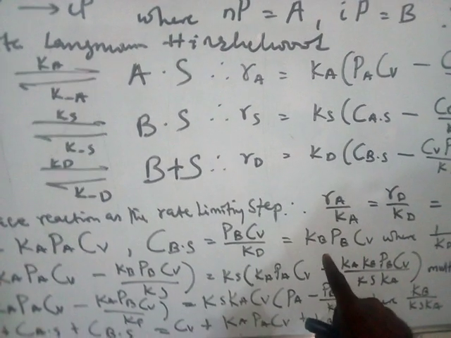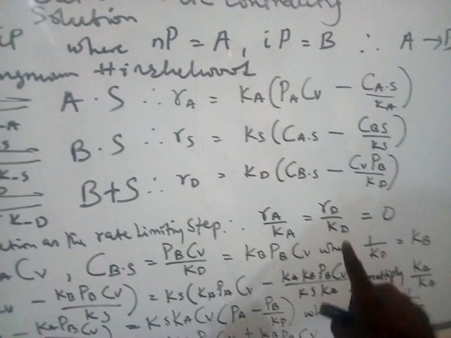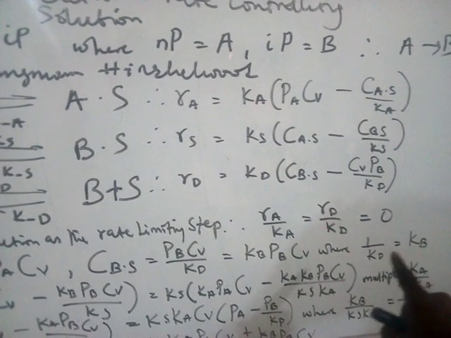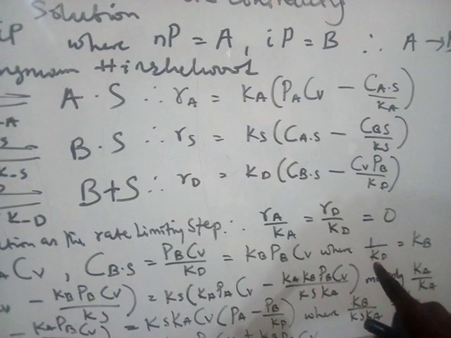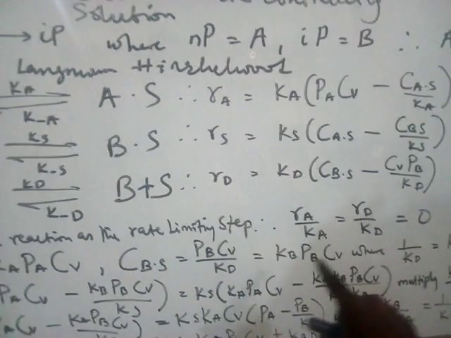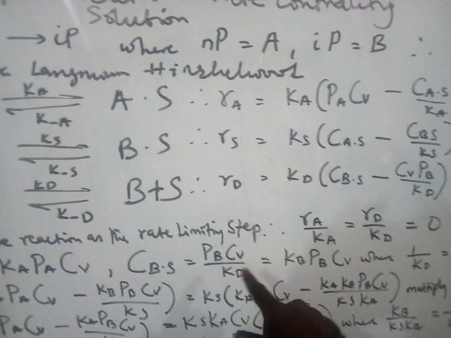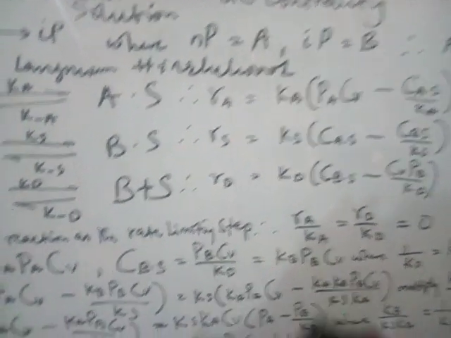If you want to replace Kd with KB, you will now have that 1 over Kd is equal to KB, because the reciprocal of the desorption constant is the same thing as the adsorption constant for B. So that's how, instead of having this PB CV over Kd, we have KB PB CV.